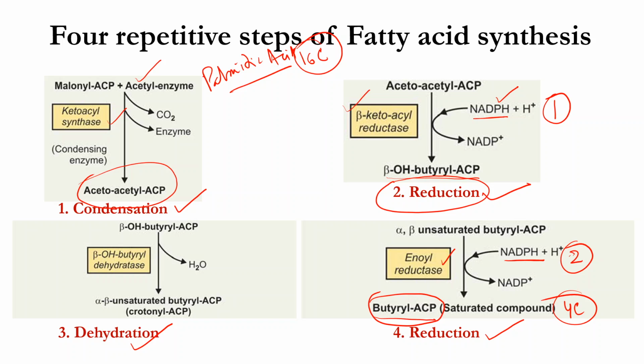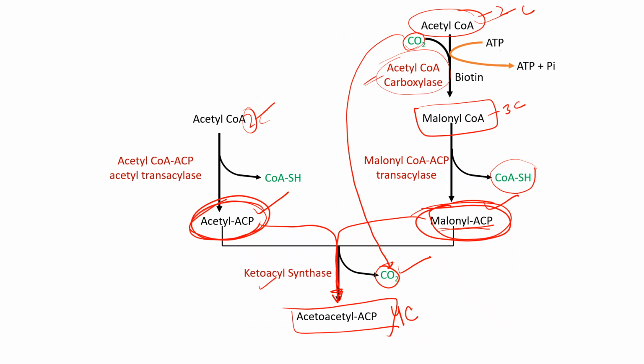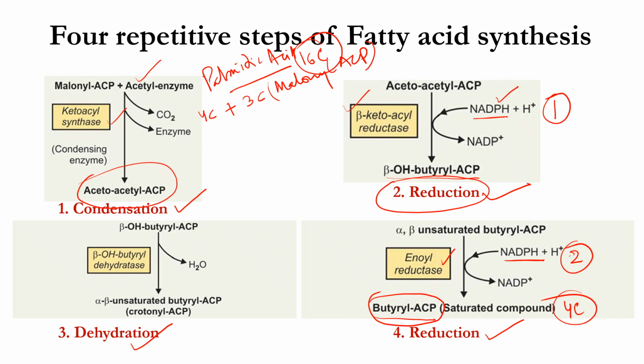So what will happen now, this 4 carbon butyryl ACP again combines with a 3 carbon malonyl ACP. The synthesis of malonyl ACP we had already discussed: first the acetyl coenzyme A will make malonyl coenzyme A, then malonyl ACP. So this 4 carbon butyryl ACP will combine with 3 carbon malonyl ACP.